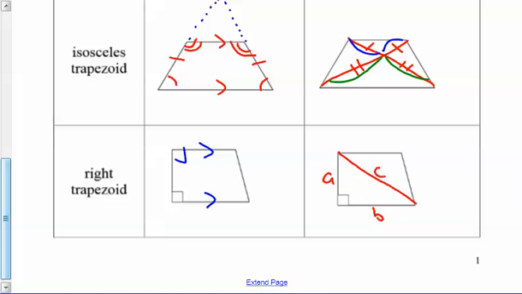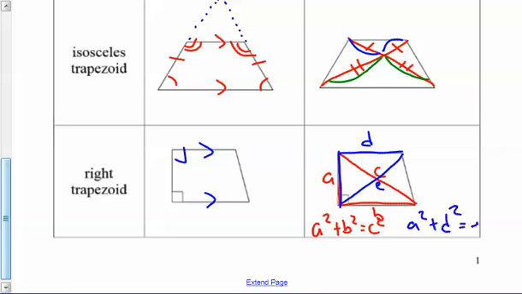You have a right triangle here, and you would have a right triangle here. So a squared plus b squared will equal c squared. And a squared plus d squared will equal e squared. So you can do a little bit of right triangle trigonometry, a little bit of Pythagorean theorem with right trapezoids.